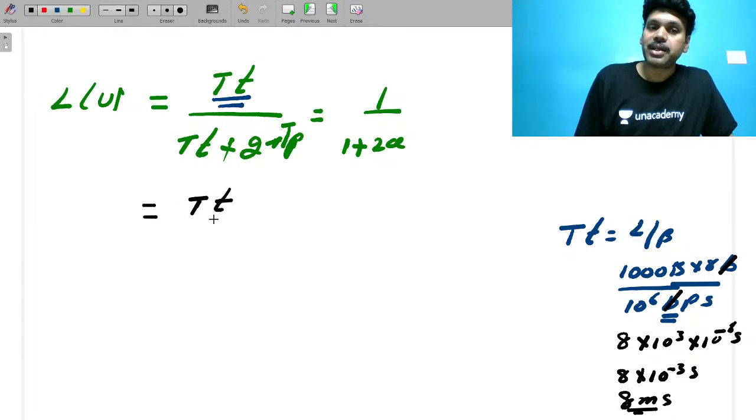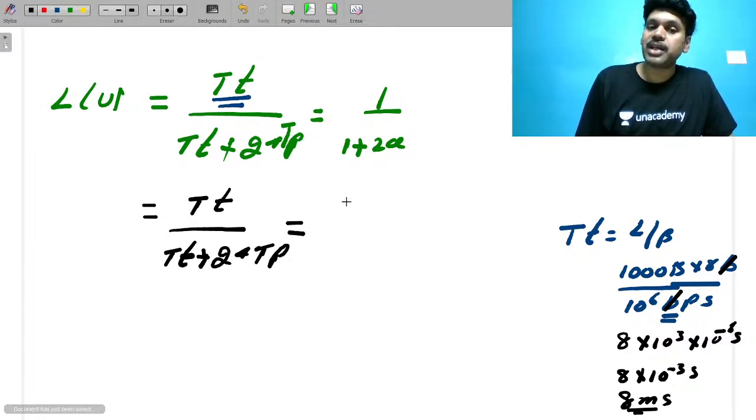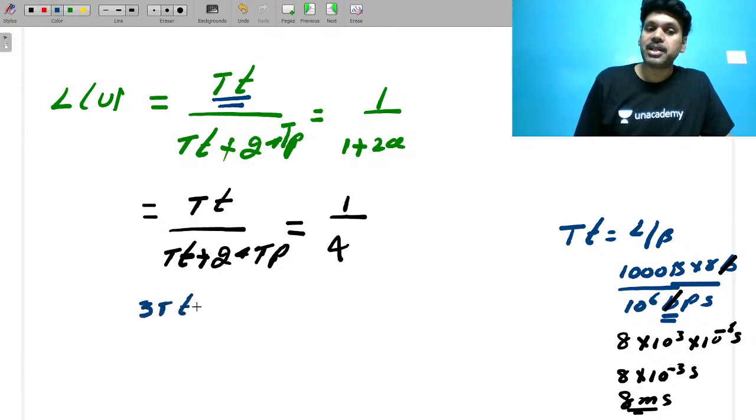This TT by TT plus 2 into TP is actually the 100% equation. He is saying make it 25%, which is nothing but 1 by 4 only. So what is your answer? 3TT is equal to 2TP.